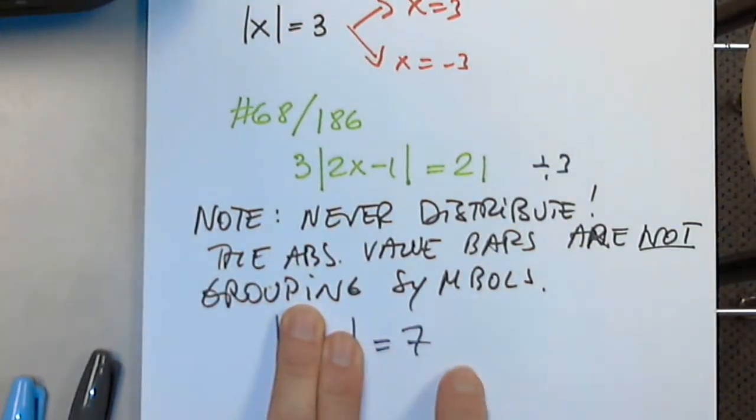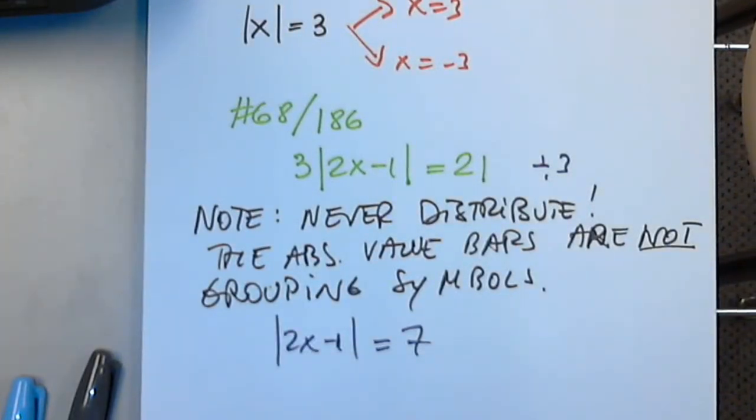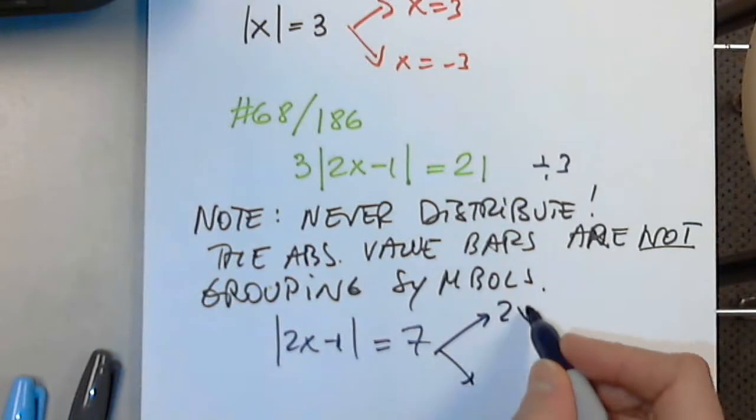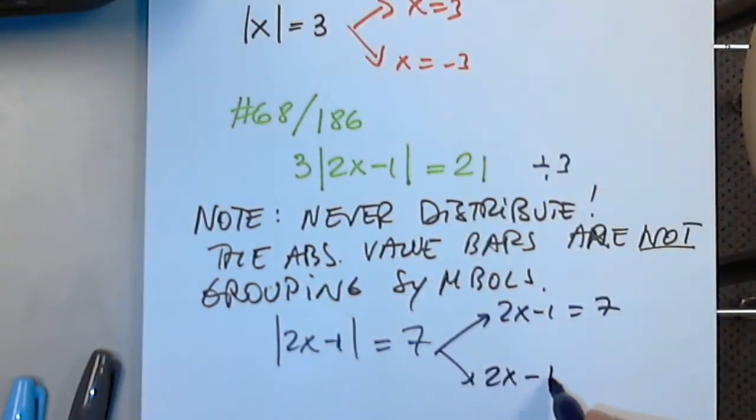What in absolute value is 7? 7. What else can I have in here so that the absolute value is 7? That's it. So these are the 2 options: 2x minus 1 can be 7, or 2x minus 1 can be negative 7. These are the only 2 options.